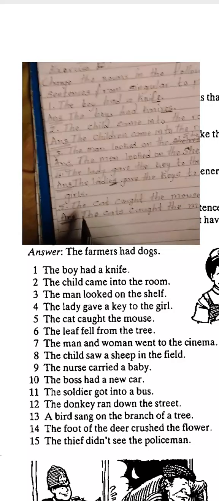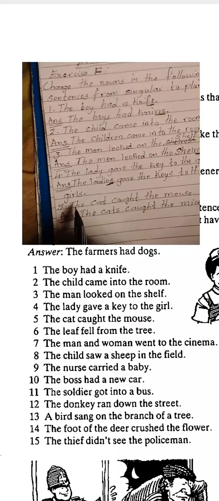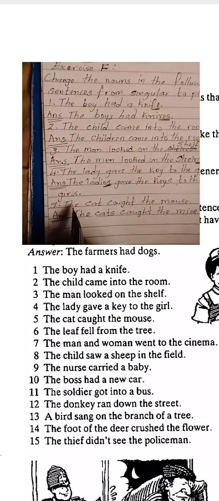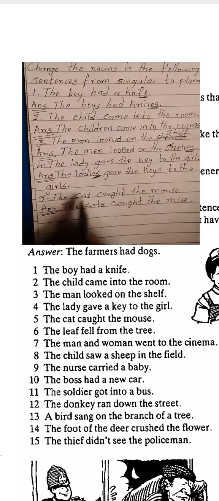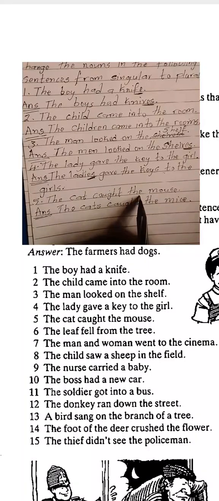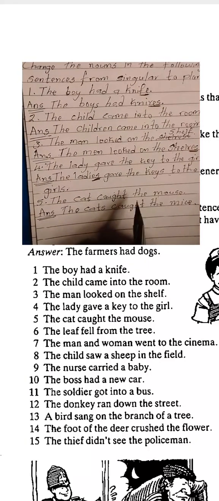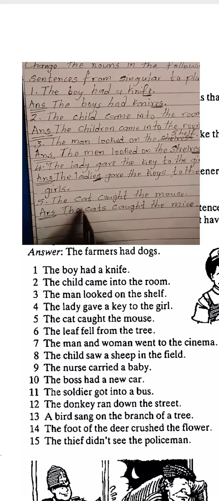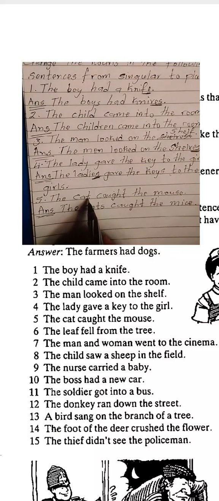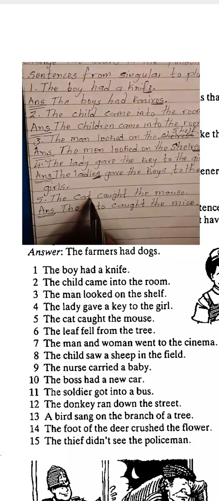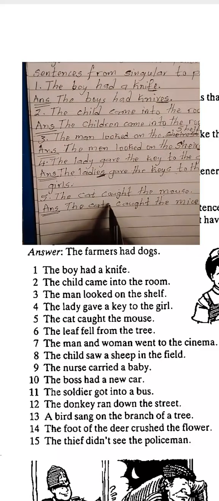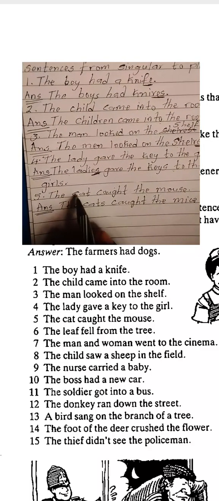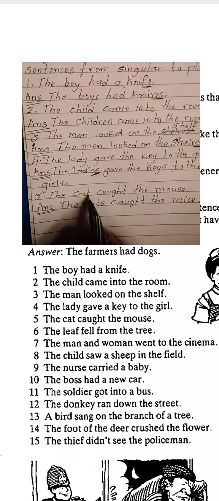Okay, so moving to our last exercise. The cat caught the mouse. Now, if we want to change the noun cat to plural, we will add just an S because this one is a regular noun.